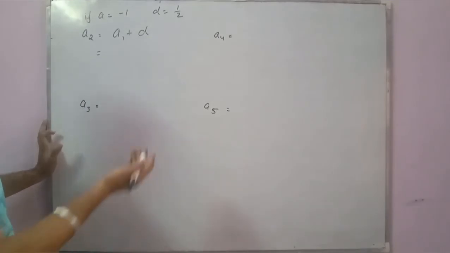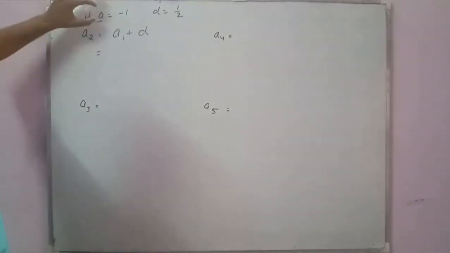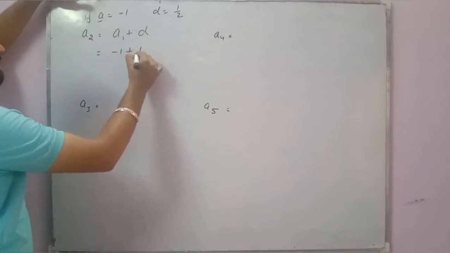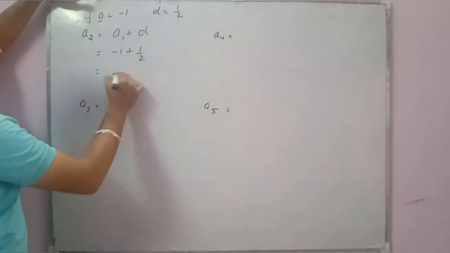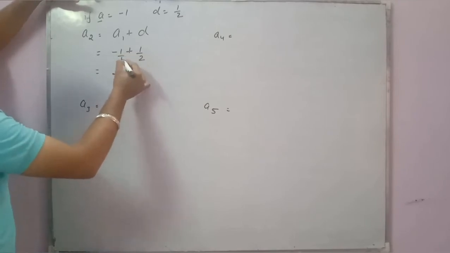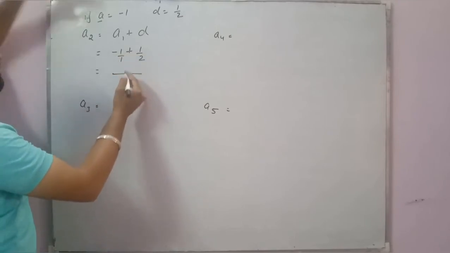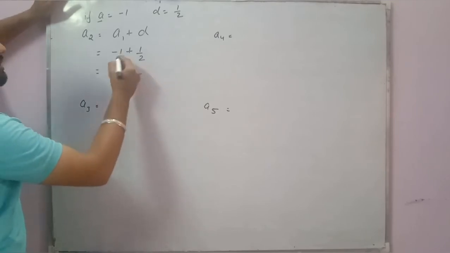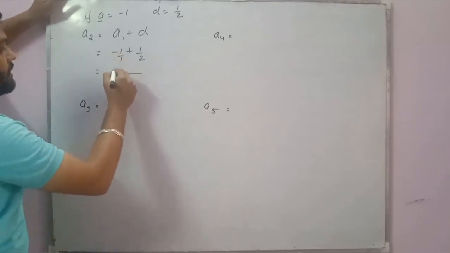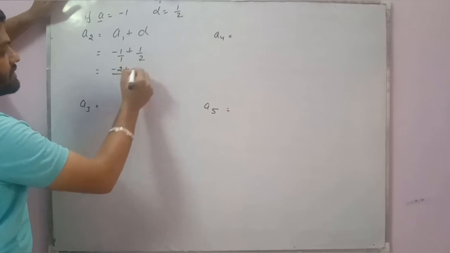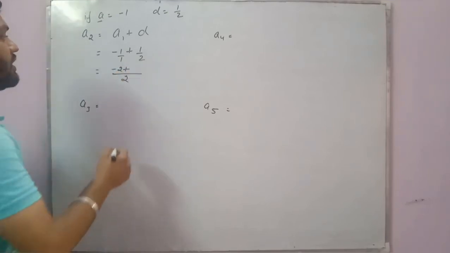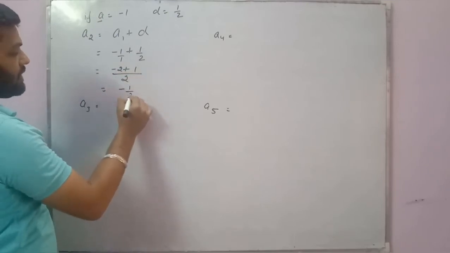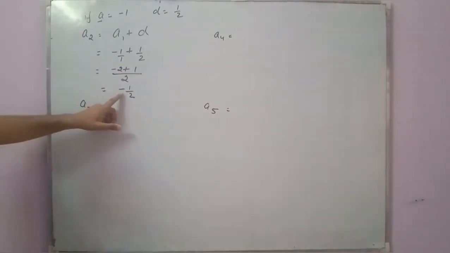A1 is the first term, given as minus 1. Minus 1 plus 1 by 2, LCM is 2, minus 2 plus 1 divided by 2, that is minus 1 by 2. That is the second term.